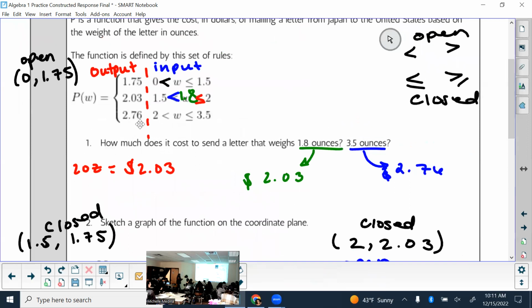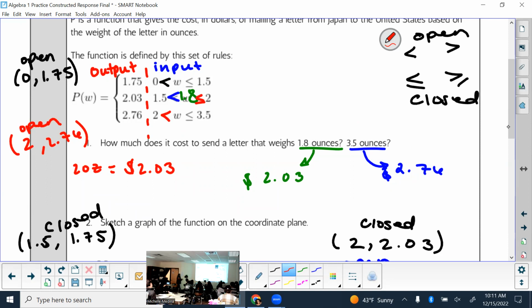So the 2.76 is an input or an output? An output, so put it in the y spot. Where does it start to be that value? So then open or closed circle? Open.